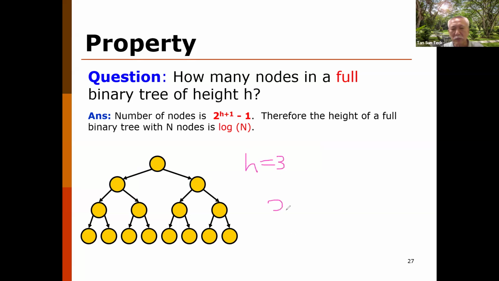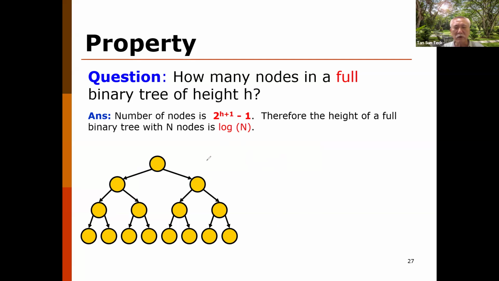So 2 to the power h plus 1 means 2 to the power 4, minus 1. 2 to the power 4 is 16, minus 1 gives you 15. So you have 15 nodes here. You can use this to find the number of nodes inside a full tree.